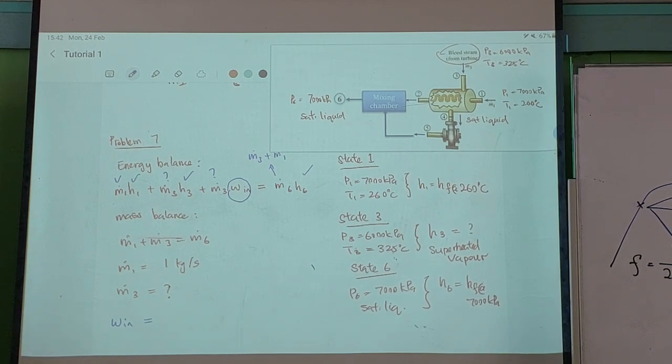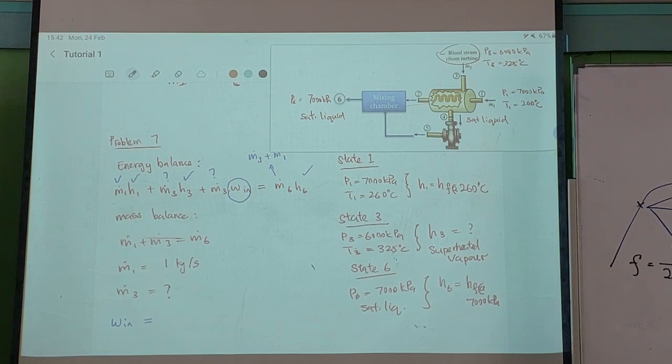We didn't draw the graph, that's why it's a bit hard to see. But because it's a closed feed water heater, I don't really want to draw a graph. But work in is between which states? Think about it. 1 to 2? Work in, the pump work. 1 to 2 is heat exchanger. 4 and 5. Work in is between 4 and 5.